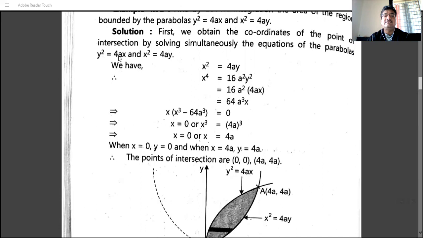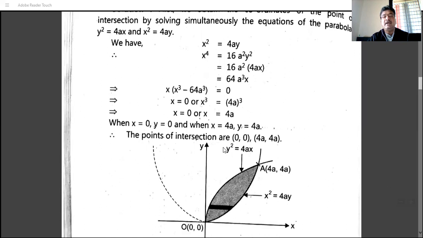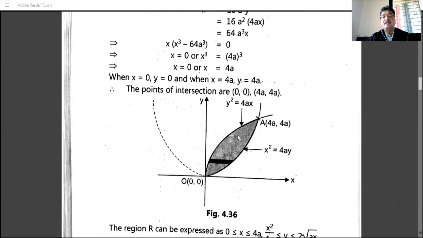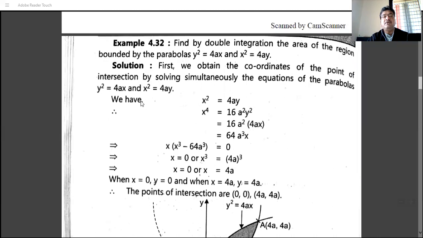If x is 0, then y is 0. And if x is 4a, then y² is 4a into 4a, which is 16a², so y is ±4a.